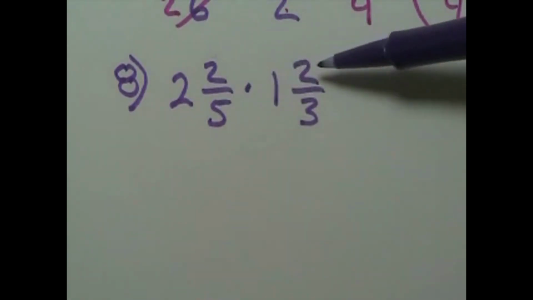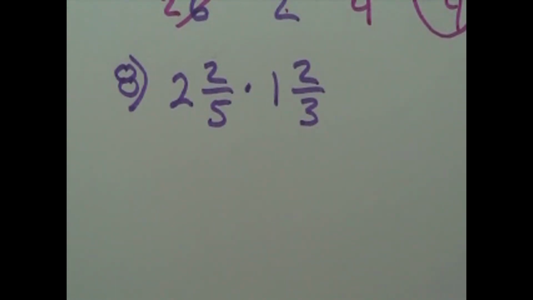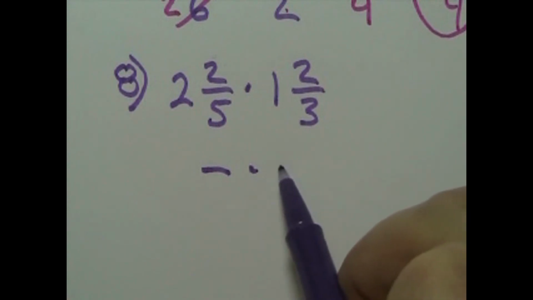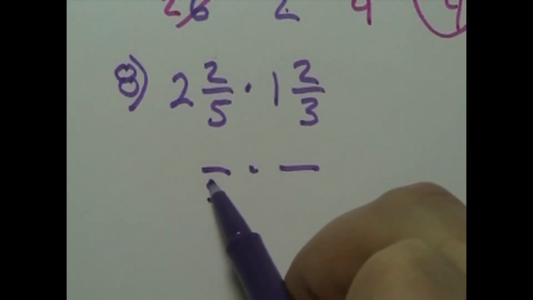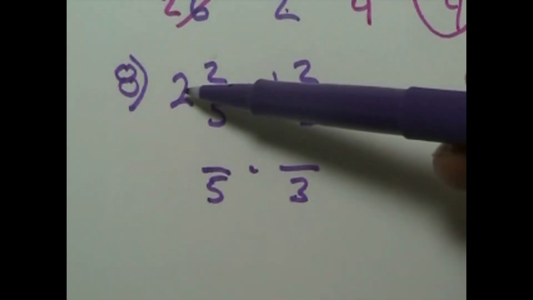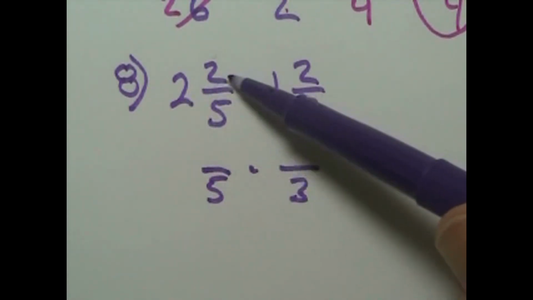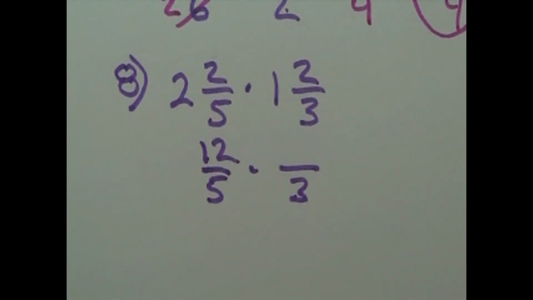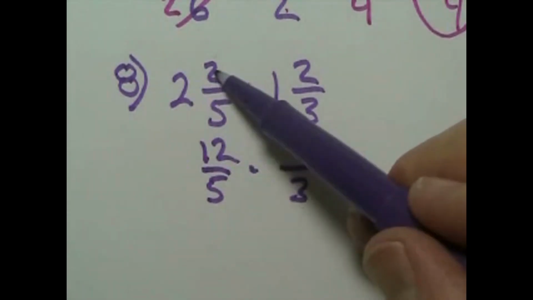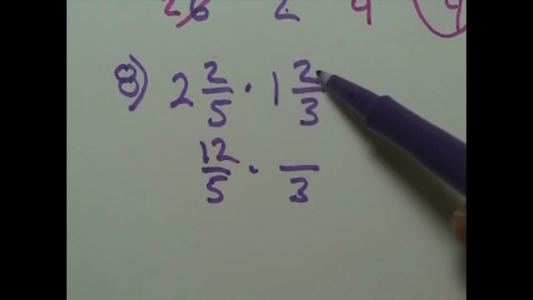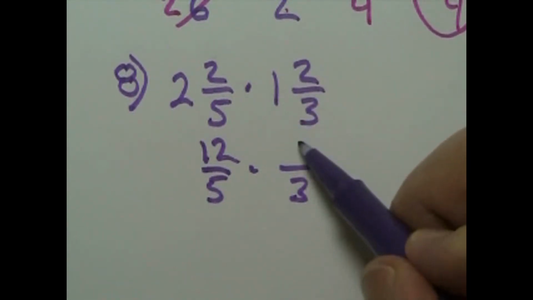Number 8, we have two mixed numbers. We need to change those to fractions, actually to improper fractions. So let's see. 5 times 2 is 10. 10 plus 2 is 12. See? Times plus. And then this one, times plus. 3 times 1 is 3, plus 2 is 5.